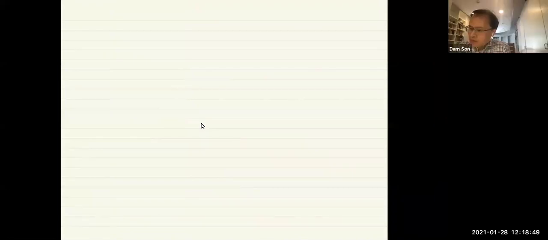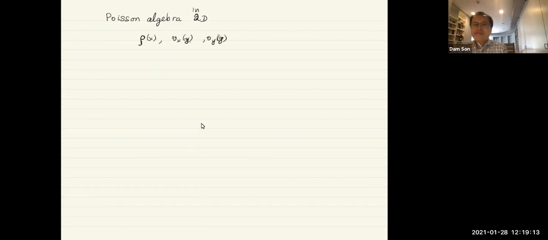Remember this Poisson algebra. So let's look at the Poisson algebra, say in 2 dimensions. So in 2D, it involves 3 fields: rho, Vx, and Vy. Okay, it's actually an odd number of fields.